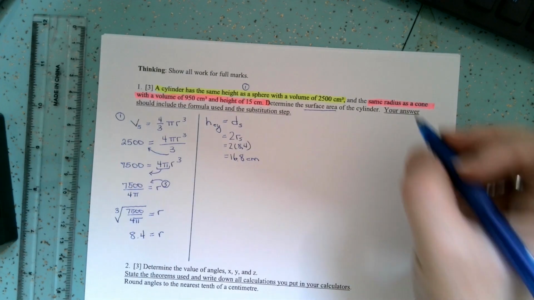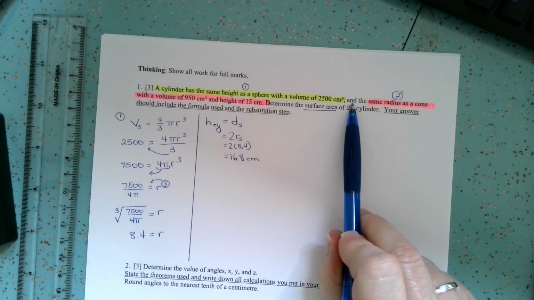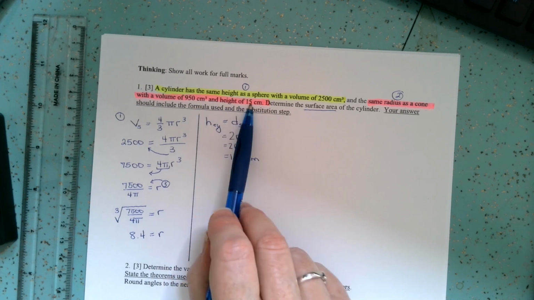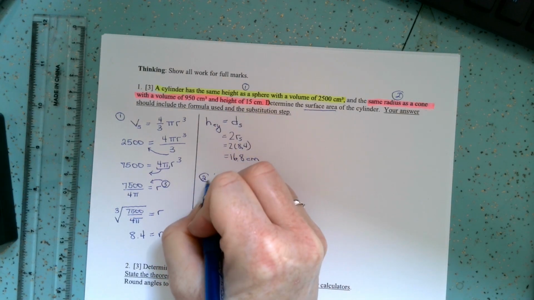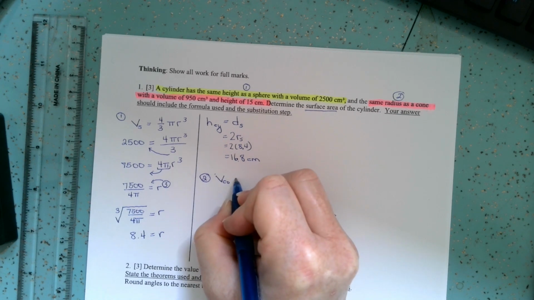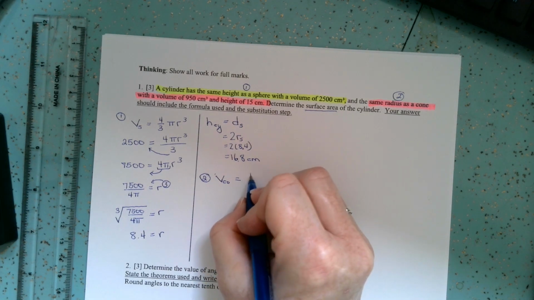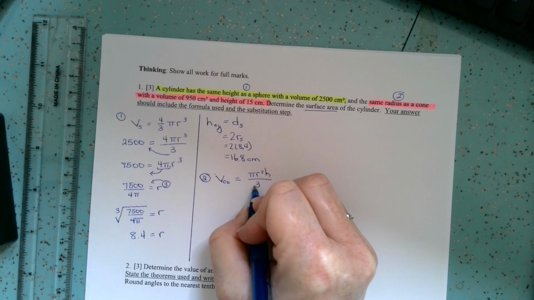Step 2 says the cylinder has the same radius as a cone with a volume of 950 centimeters cubed and a height of 15 centimeters. So if we go ahead and do the second part, we know that the volume of the cone is equal to pi r squared h all over 3.